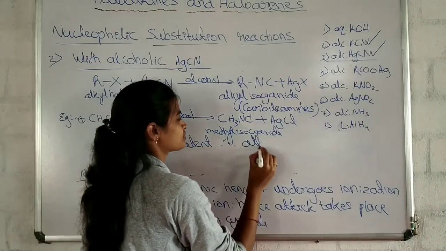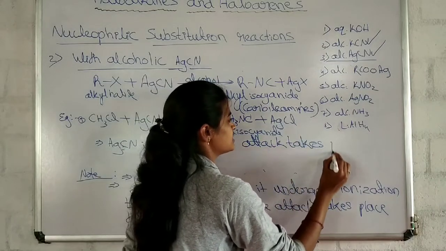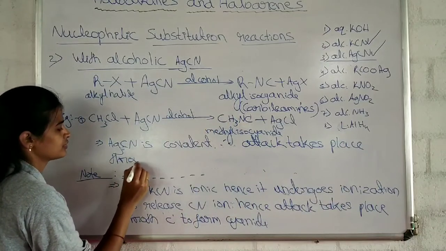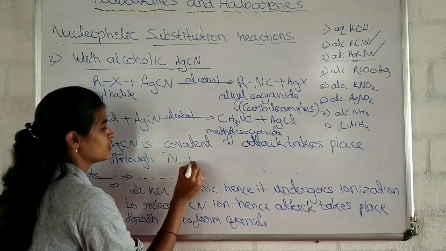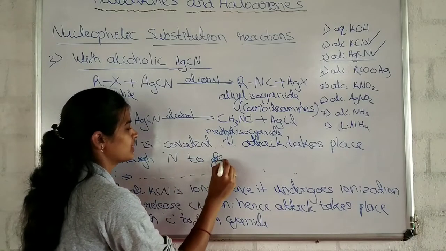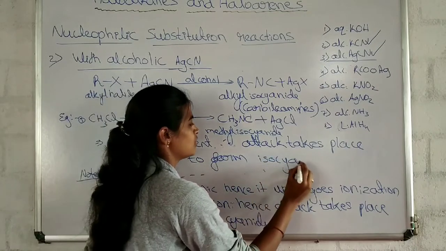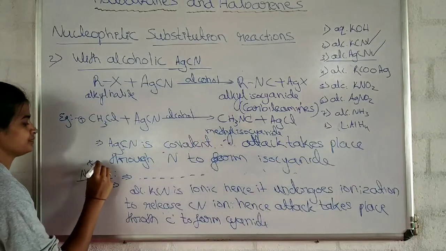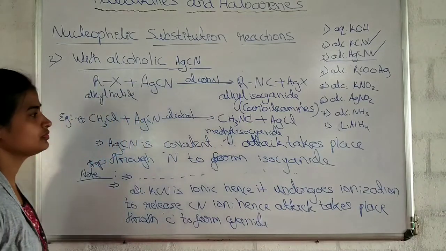Therefore, attack takes place through the nitrogen atom to form isocyanide. Hope this is clear to you all students, and this is an important point. Got it? Read it twice, thrice, you will get to know.